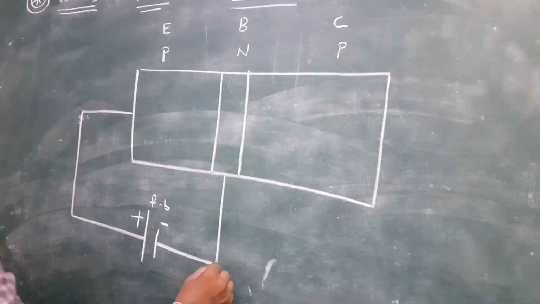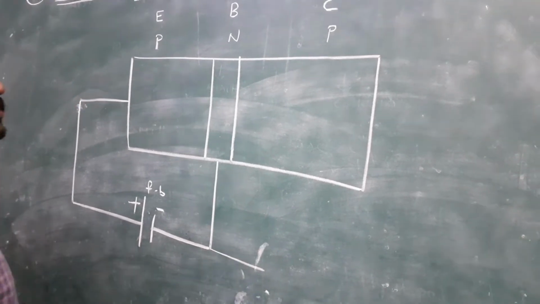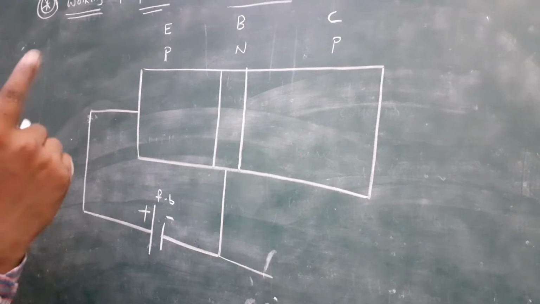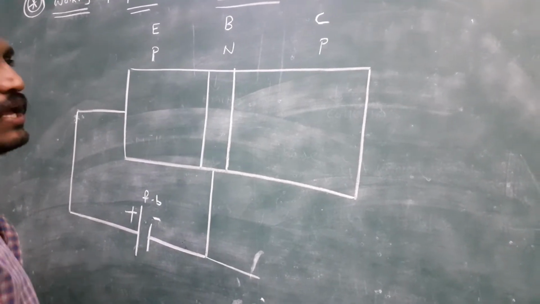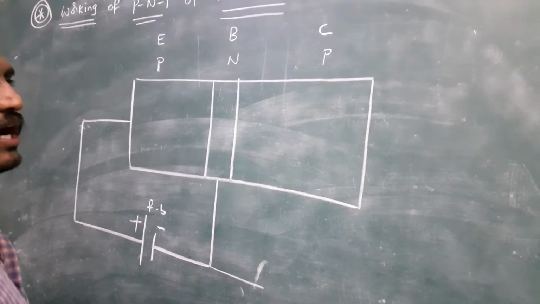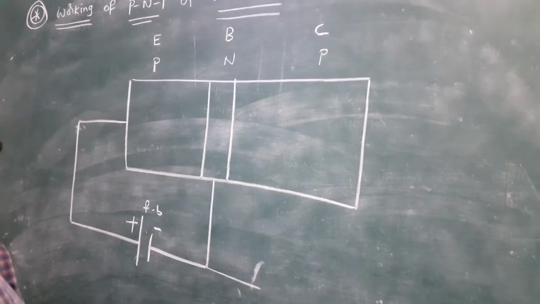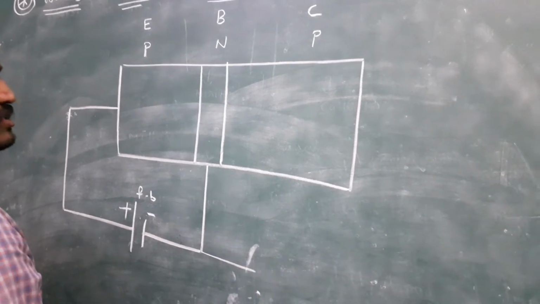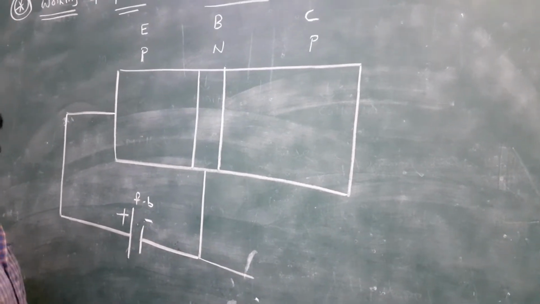Okay, next one. Here, look here. Transfer a current from low resistance to high resistance. High resistance means high opposition. High opposition means it is connected to the reverse bias.